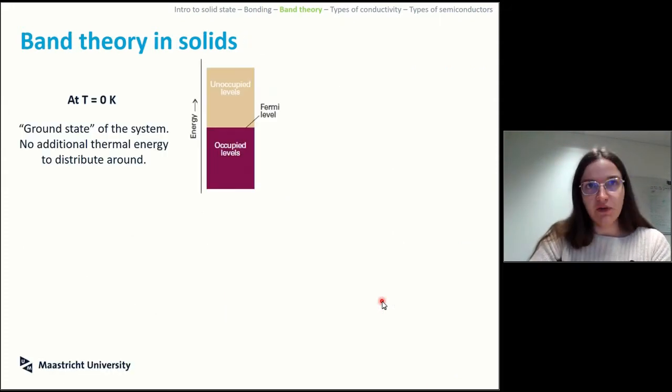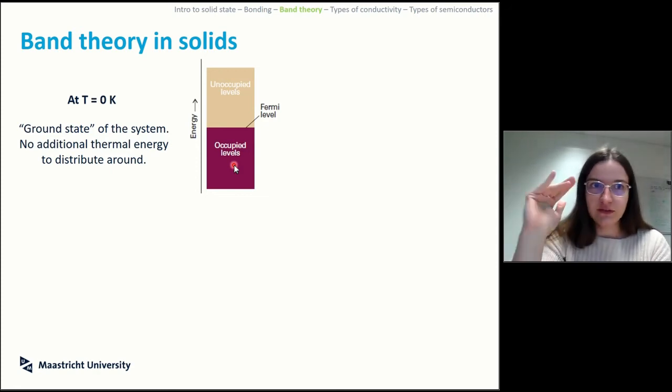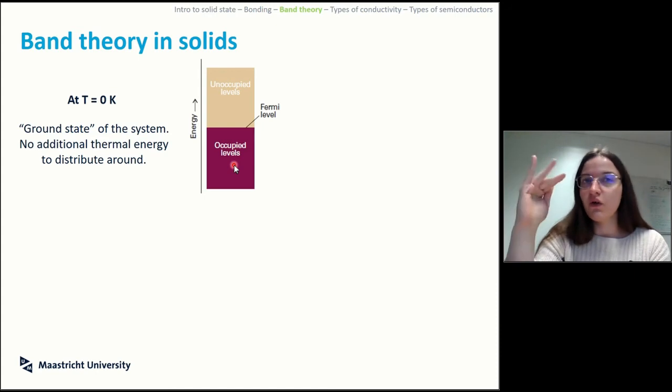Now, when you are at 0 Kelvin, this is the most basic energy state. There is no additional energy that you give to your system. It's 0 Kelvin, nothing, nothing, nothing. This is called the ground state. You cannot go any lower.